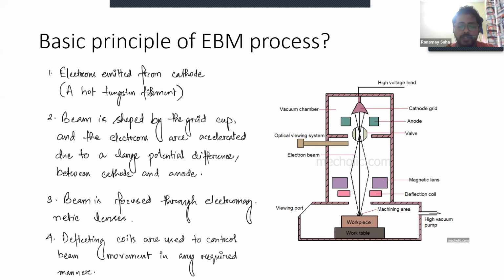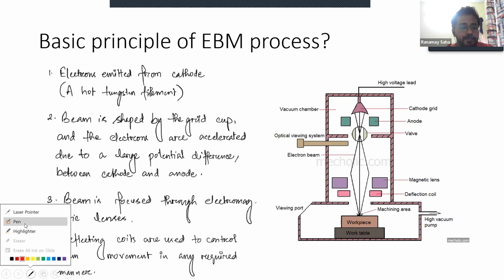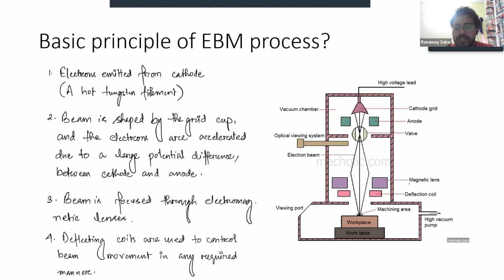Then the beam gets focused on the workpiece through electromagnetic lenses, which help in focusing the electron beam. These are deflection coils, which are used to control the movement in any required direction. Then you have to maintain a high vacuum chamber. That is one of the necessities, or you can say one of the constraints, of the EBM process.